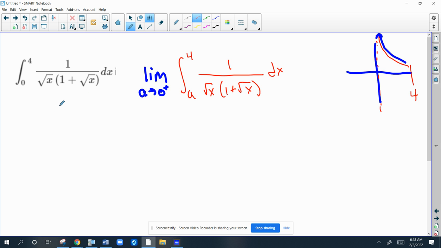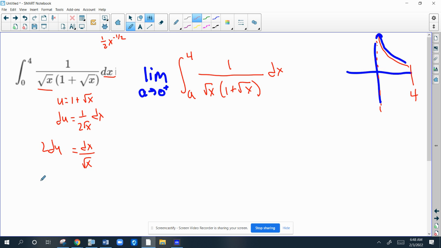It's a somewhat complicated integral, but when you notice that if you make u 1 plus the root of x, du is going to be 1 half x to the negative 1 half, which is 1 over 2 root of x dx, which is perfect because dx over the root of x equals 2 du.